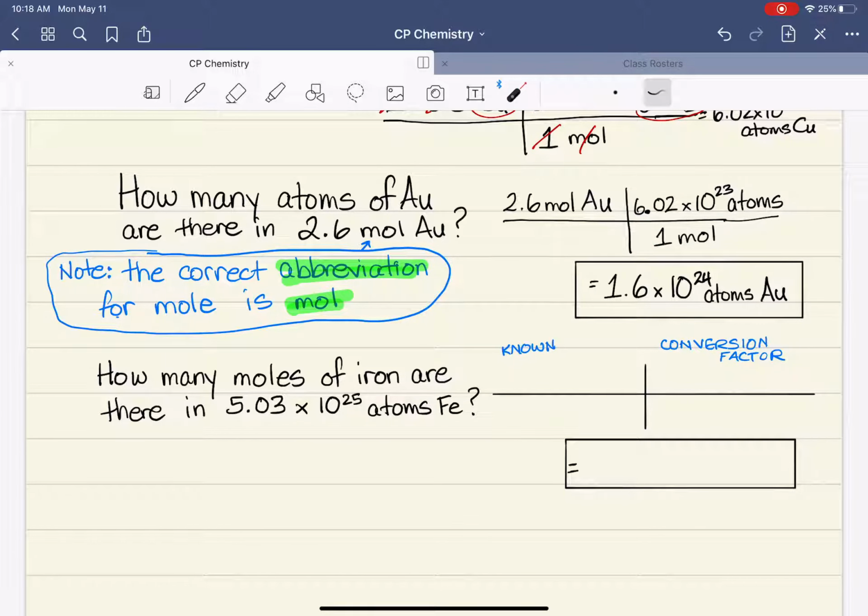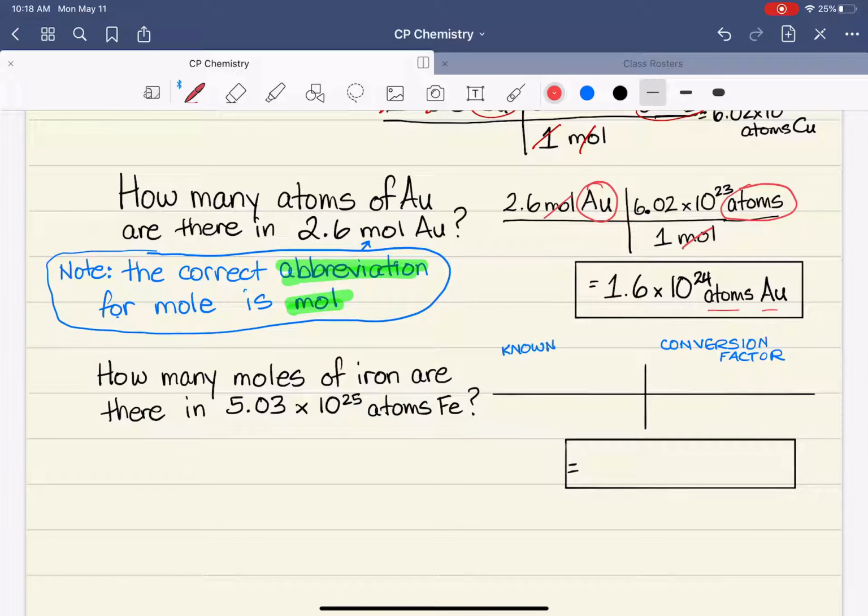So we're going to do some canceling here. I notice that I can cancel moles, and I don't see anything else that I can cancel. My units remaining are going to be atoms and gold, which you can see here, atoms of gold.